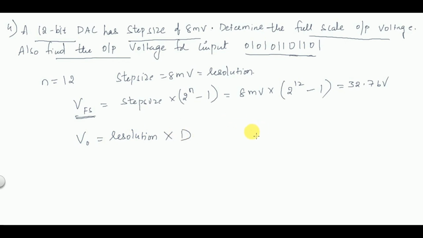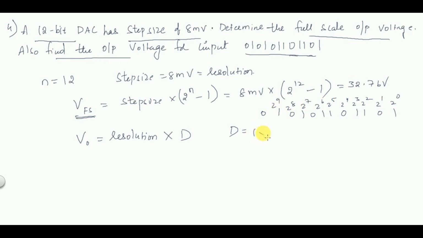D is the decimal equivalent of the given binary number. So how can we find D? The given number is 0 1 0 1 0 1 1 0 1 1 0 1. These bit positions are 2 power 0, 2 power 1, 2 power 2, up to 2 power 9.